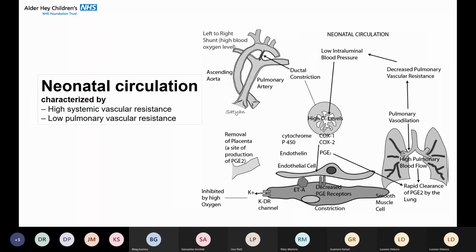Then, once the fetus begins to transition to a postnatal life, there are several adaptations that happen. This process occurs so rapidly, and there are so many changes that are not visible to the eye. It's mind-blowing, I would say.